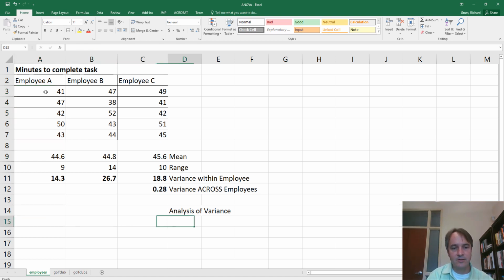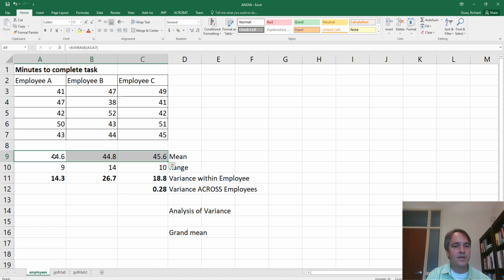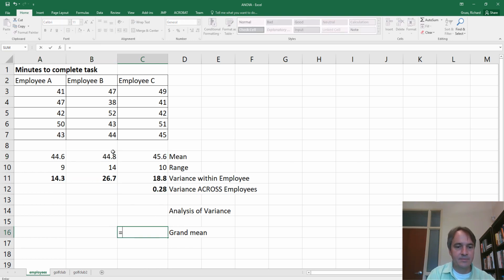I'll go ahead and calculate the grand mean here. The grand mean is just the average. We had all of these means here. If we averaged these, it would be the same as the average of all these numbers. You can prove that, but I'm just going to show you that the average of all of these numbers is 45.